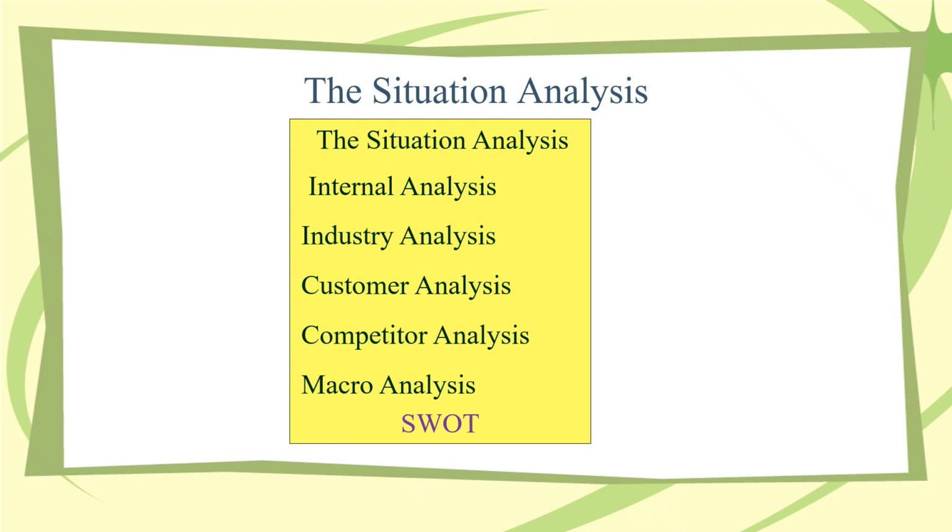You recall not too long ago in 2020 when the coronavirus pandemic hit, we suddenly had a whole bunch of new macro issues that made it almost impossible for some companies to be successful, but created new opportunities for others. This situation analysis, of course, is all summarized in what is referred to as a SWOT, strengths, weaknesses, opportunity, threat analysis.